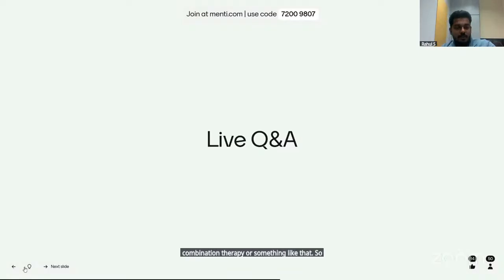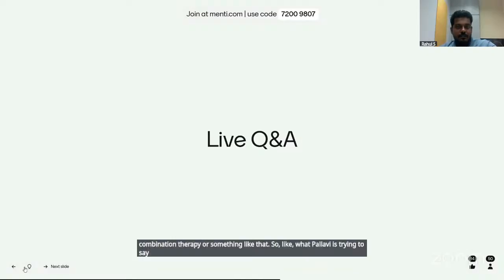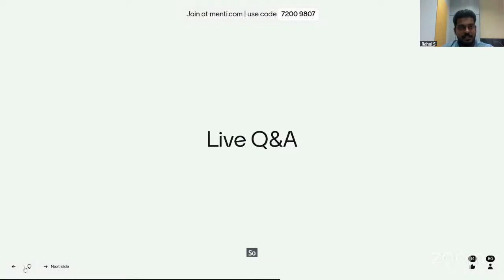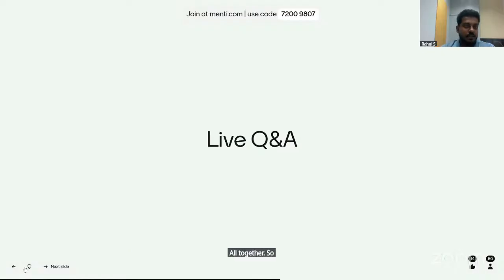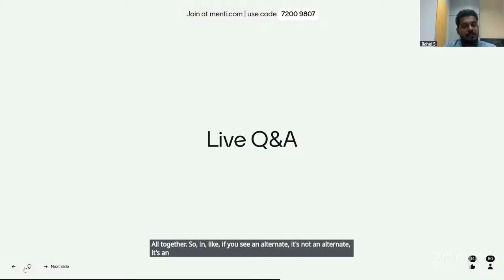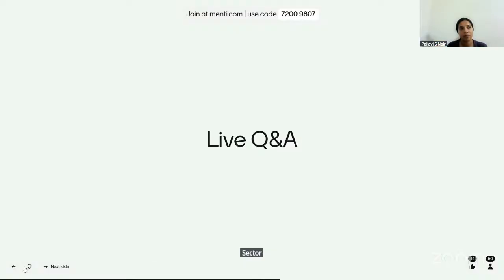Like what Pallavi is trying to say, if I understand right, cancer is not a disease which you can treat with a single process. So it needs a course of treatment. It will combine chemotherapy, radiation therapy, and surgery all together. It's not an alternate, it's kind of a team. Another team member is radiation therapy.